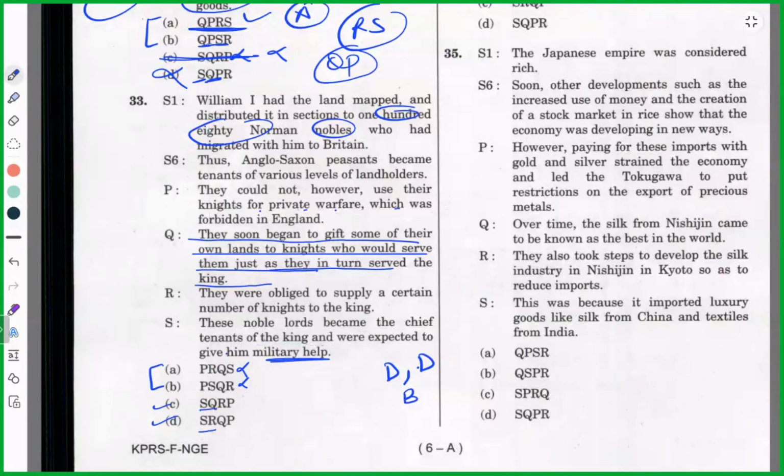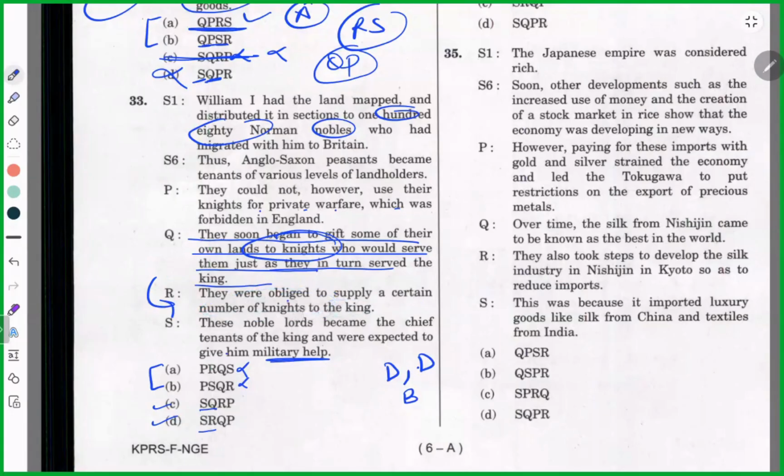Let's check with R also: "They were obliged to supply a certain number of knights." First you talk about knights, then you talk about giving land to the knights. So SR would be the right one, because obviously you cannot say that they start giving lands to a knight and then say that they will supply a certain number of knights.